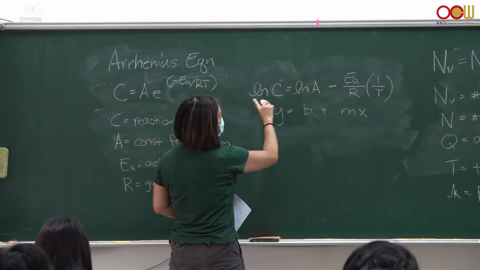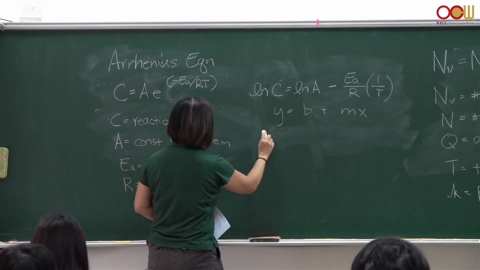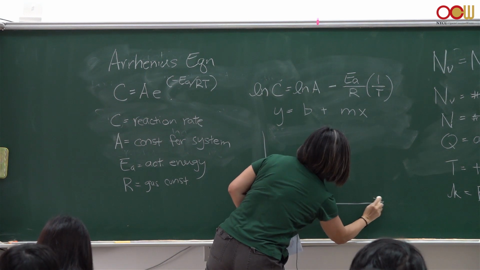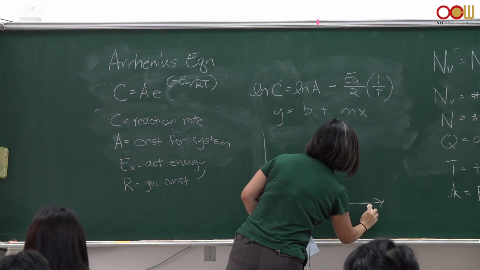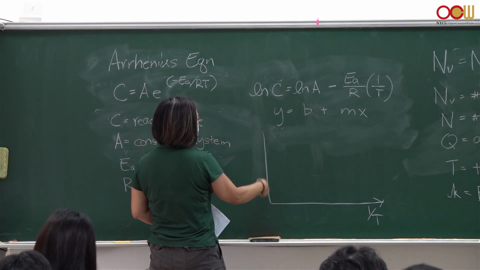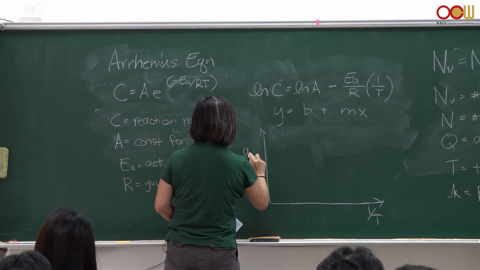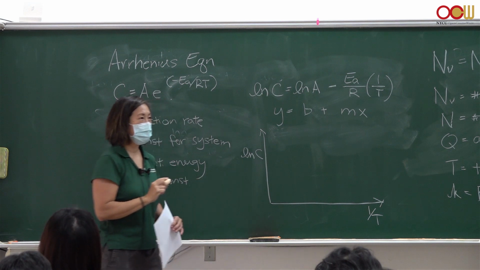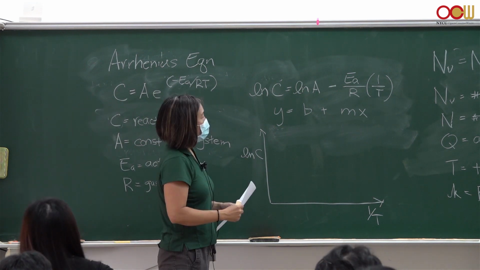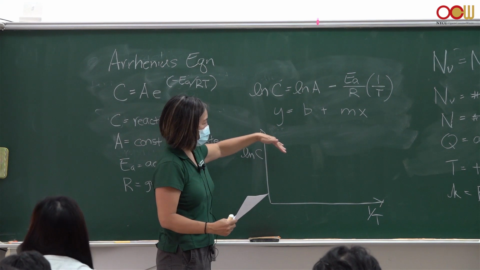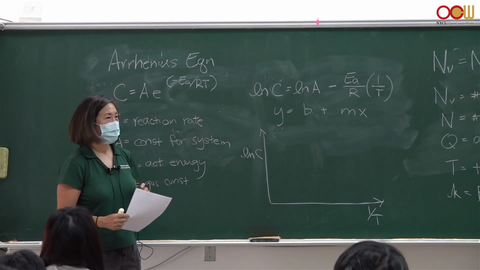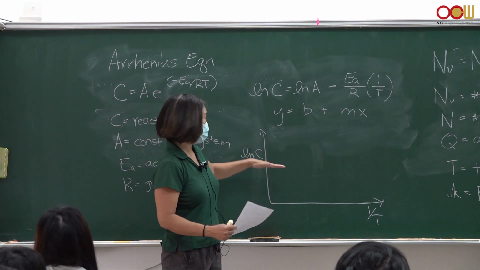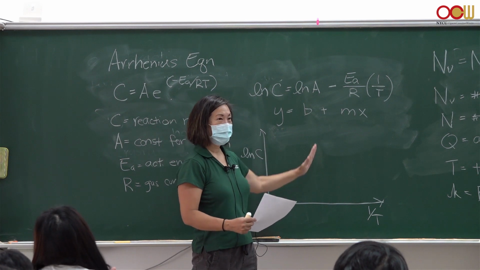So if we were to plot this according to the equation of a line, then our x would be 1 over T. Our y-axis would be the natural log of the reaction rate, whatever is changing. Would you expect the line to go down or to go up? It's a straight line, so flat, up, or down?